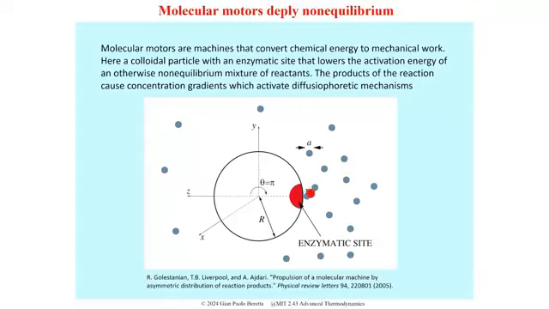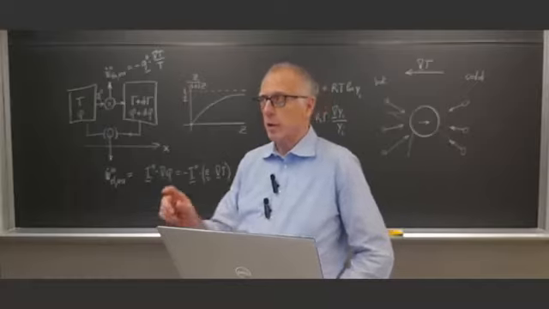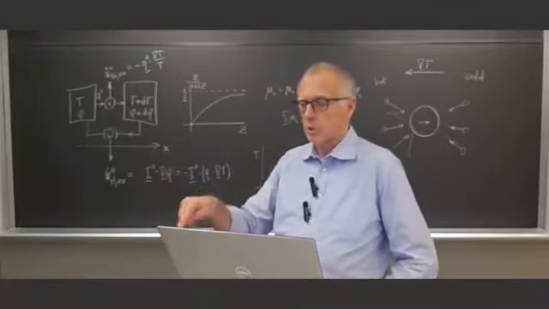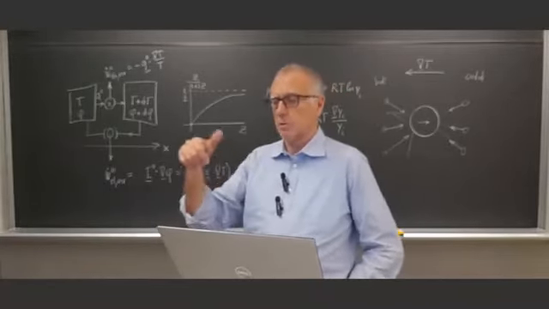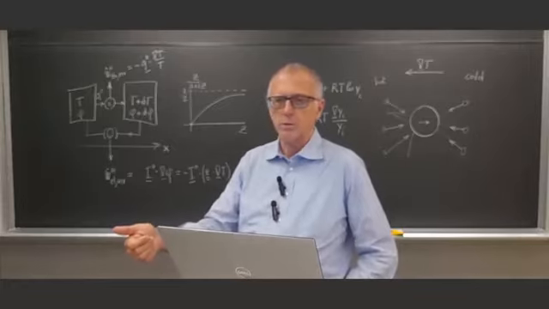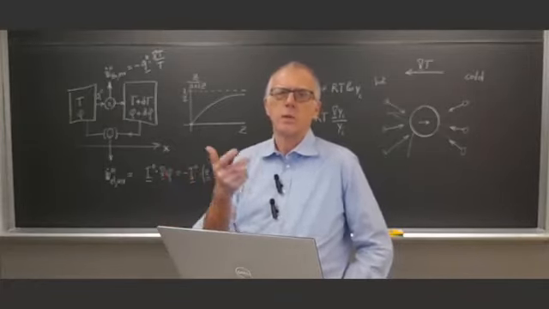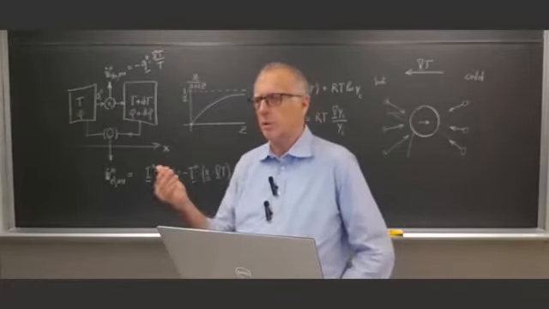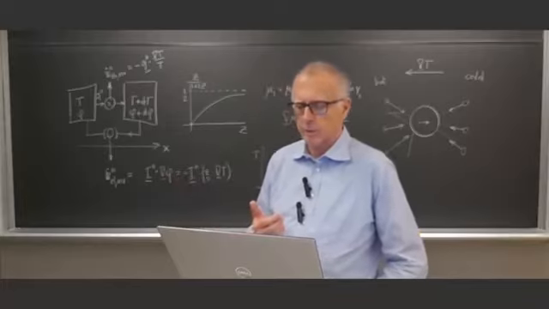So it promotes chemical reactions in this side of the particles. Of course, the chemical reactions change the composition. The change in composition creates a gradient in concentration, and that's how you get flux of particles.